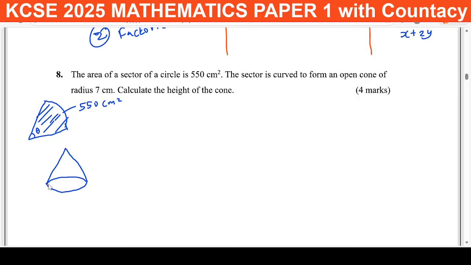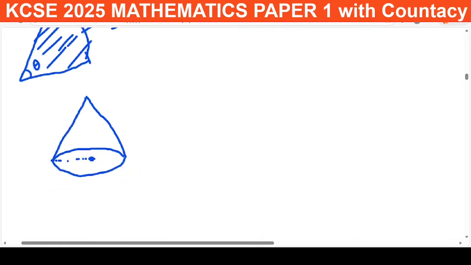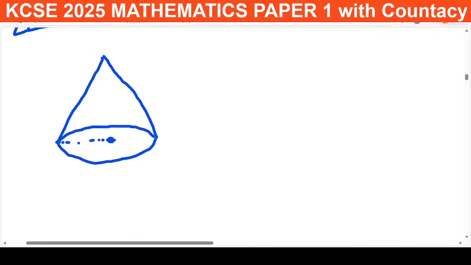So I'm assuming that the radius flows like this, and assume that this one is the center. And then we have this part over here. This is the one that is 7 centimeters, like that. So that is 7 centimeters.